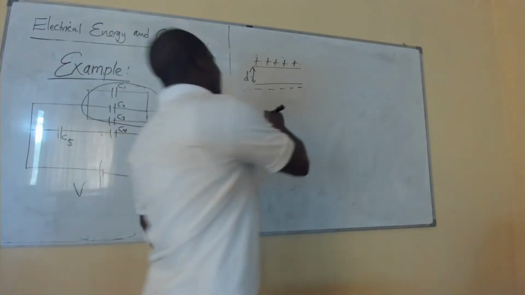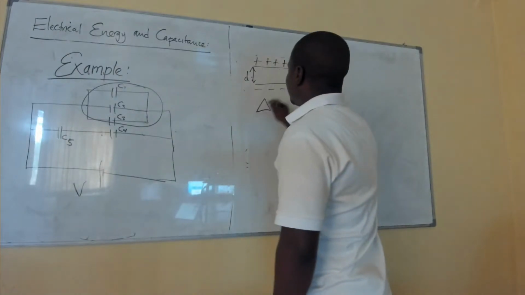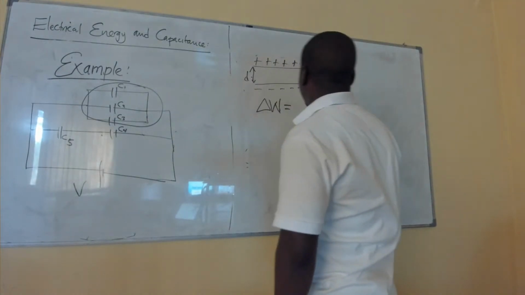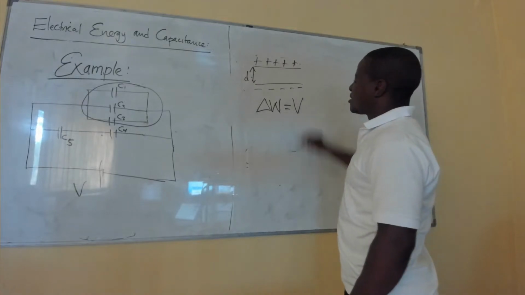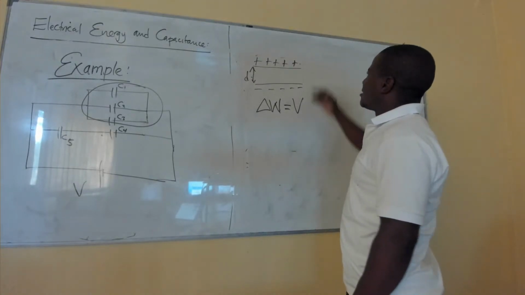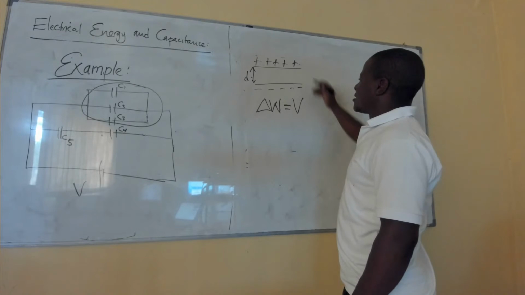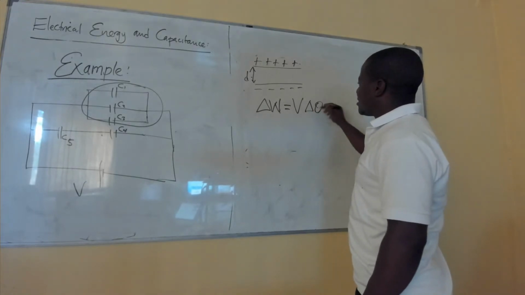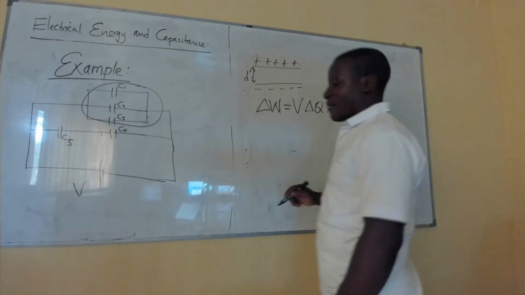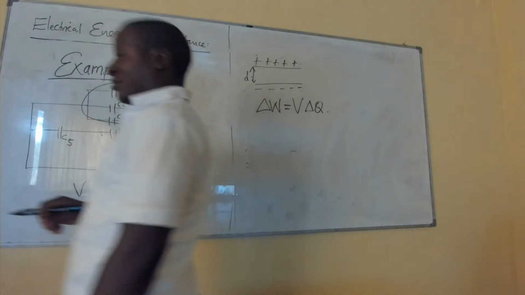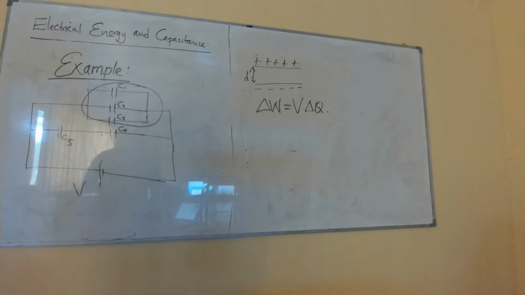Here, the change in work done must be equal to the potential difference, which is the voltage between the terminals, multiplied by the change in the charge of the capacitor. So that is the amount of energy that is actually stored in a capacitor.